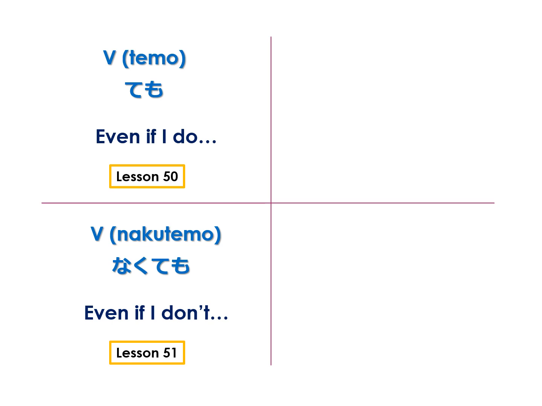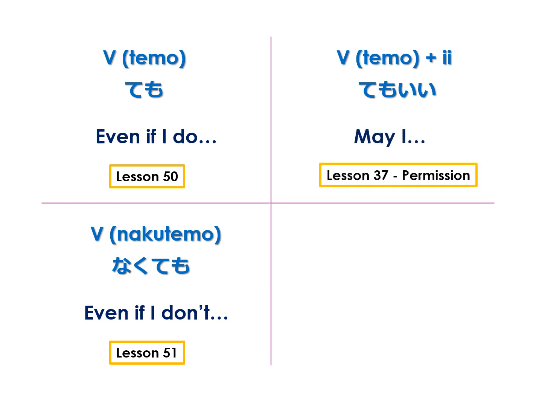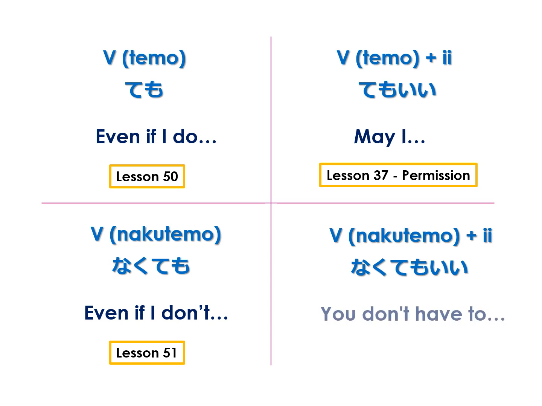Then way earlier in our course we had temo ii, which is may I or you may, asking and giving permission, which we learned in lesson 37. And the negative of this is nakutemo ii, which means you don't have to, and which we studied in this lesson. And this ends our lesson on don't have to or nakutemo ii.